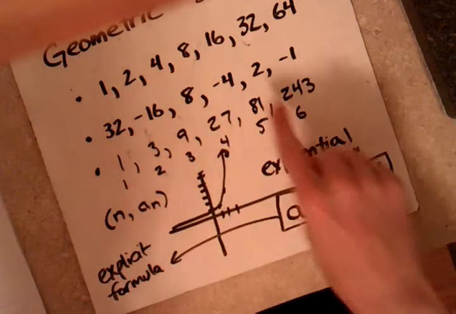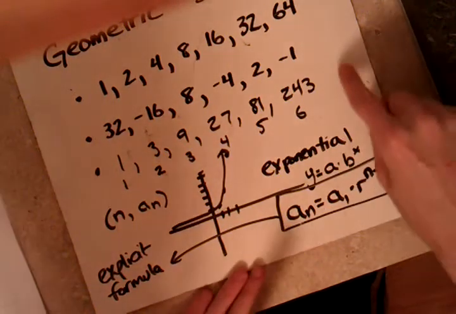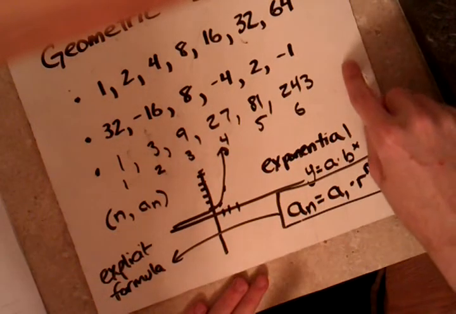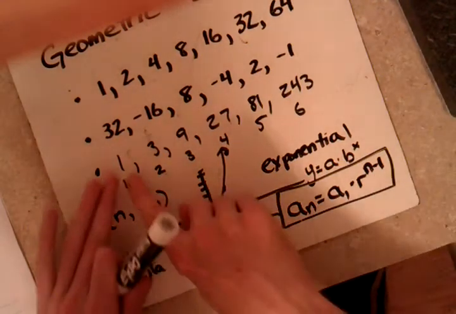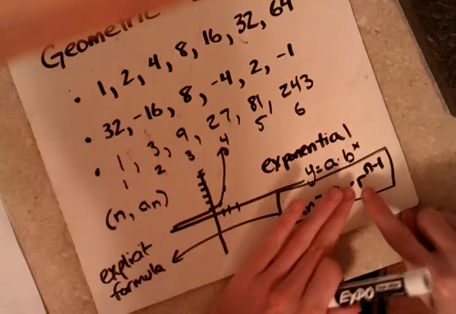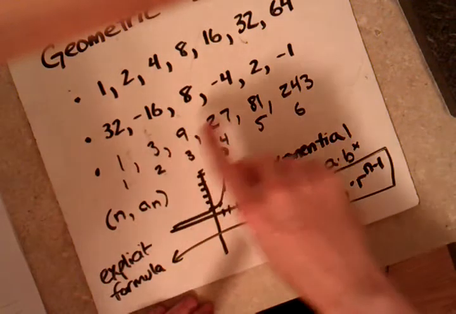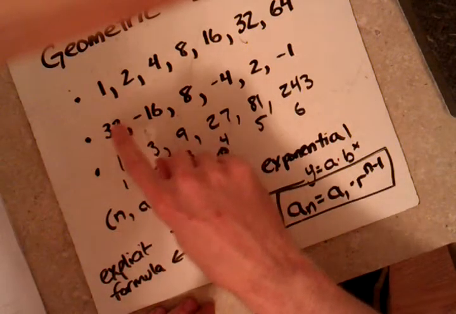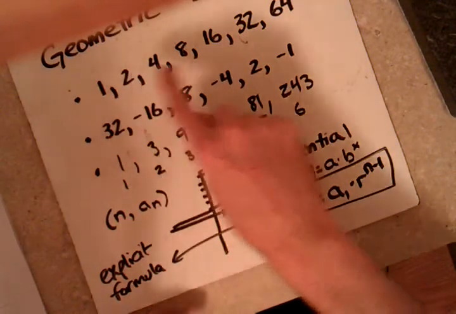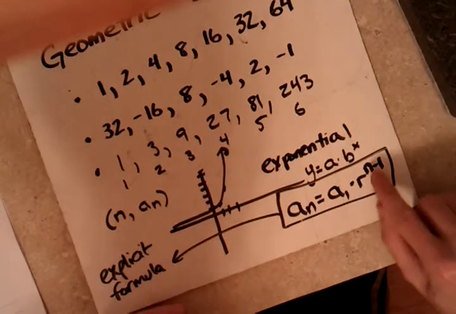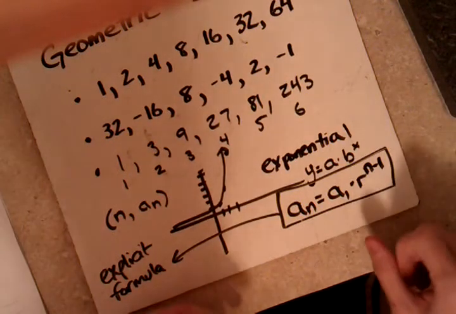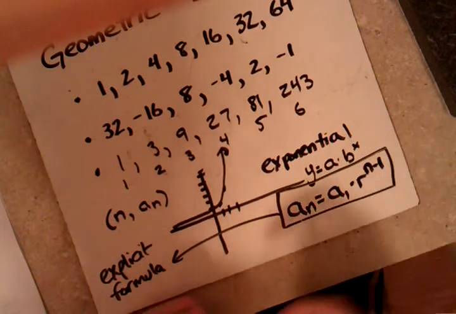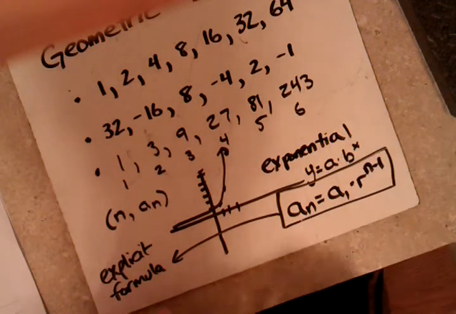So if we repeated this n times, a sub n would be that term number that we get. A1 is the first number in your sequence. R, again, is whatever you're multiplying by every time. So here, r would be 3 in this one, or in this one would be negative a half, or this one here would be 2. And n minus 1 is that power that we're raising this to. It represents the x.